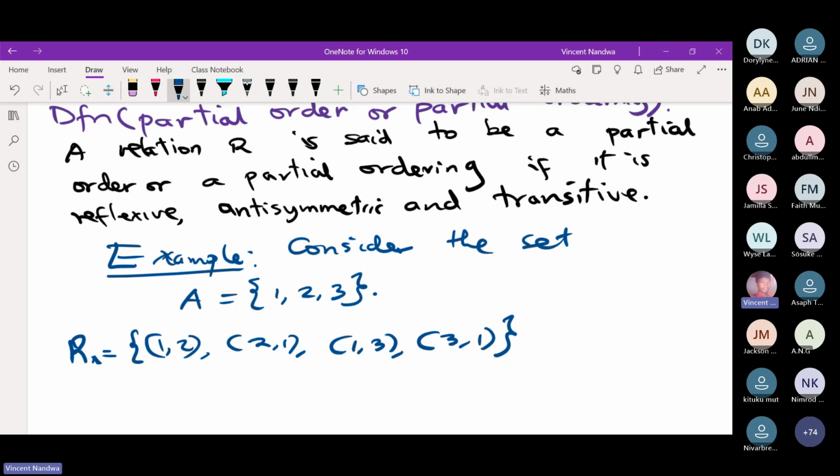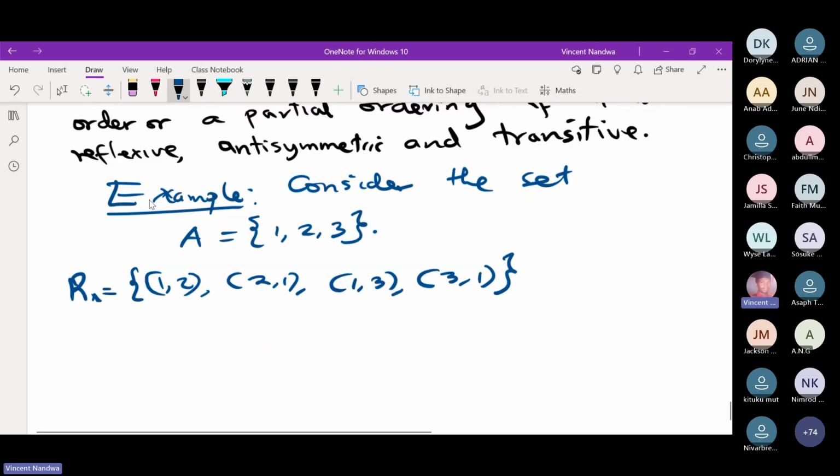So can we say that this relation R1 is reflexive? No. So we can say R1 is not reflexive.